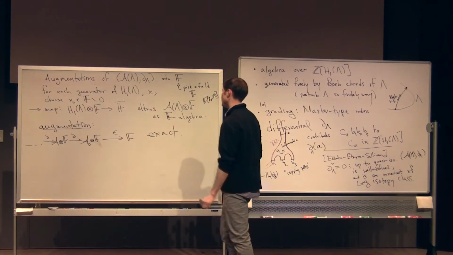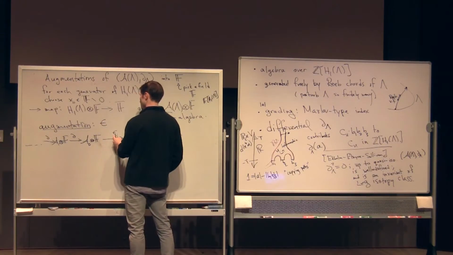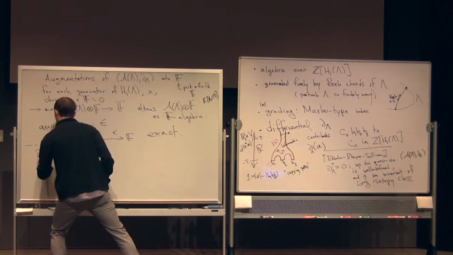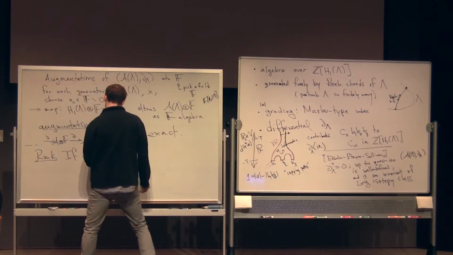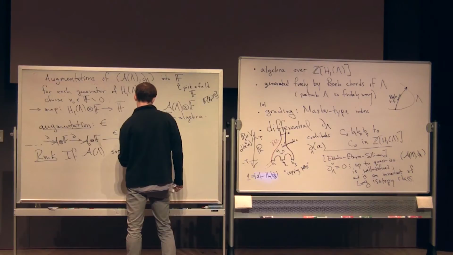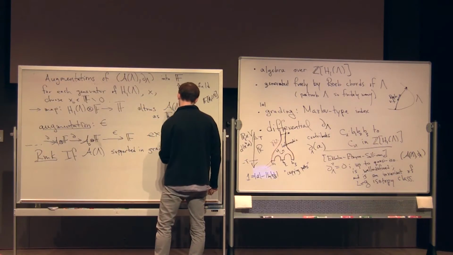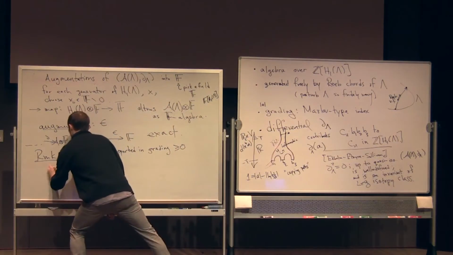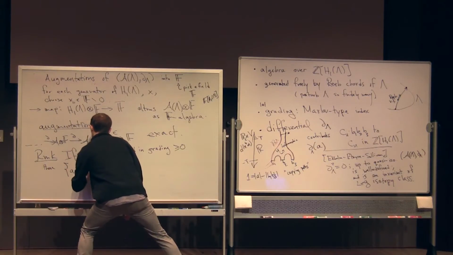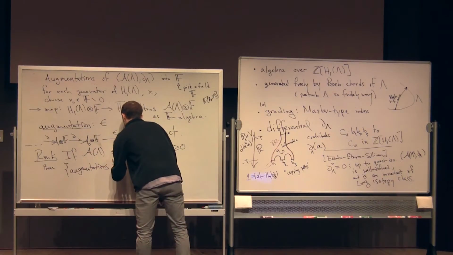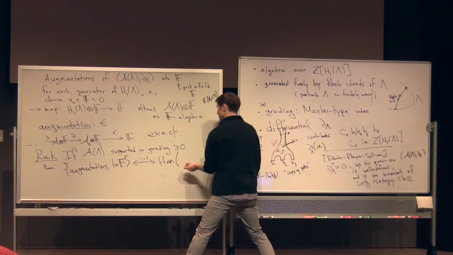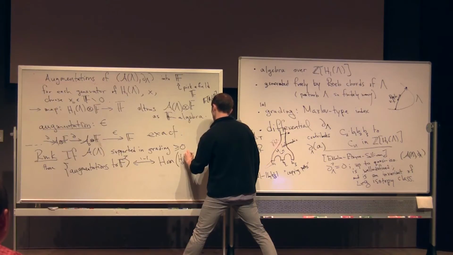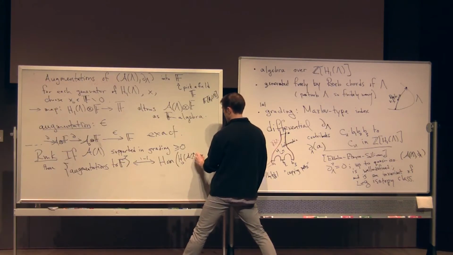So just a comment about my map epsilon, the augmentation into F. And just as a remark, if it happens to be the case that my DGA is supported in non-negative grading, then augmentations into F can just be identified with homomorphisms from the degree 0 homology into F. Right?